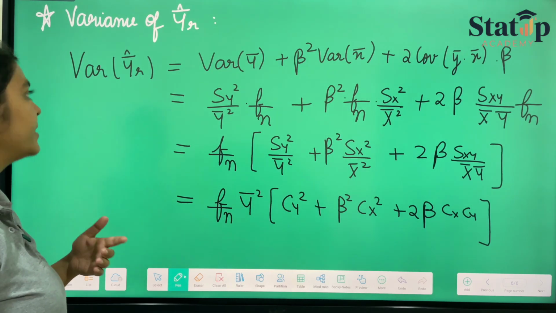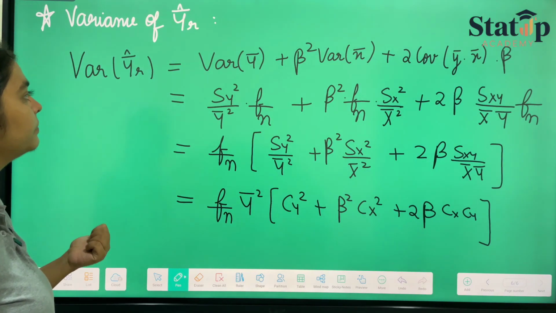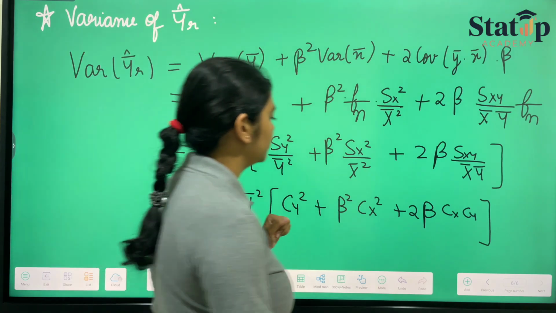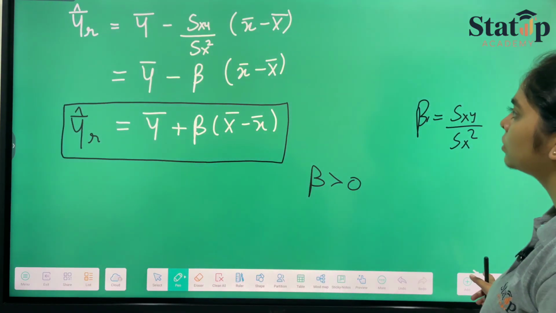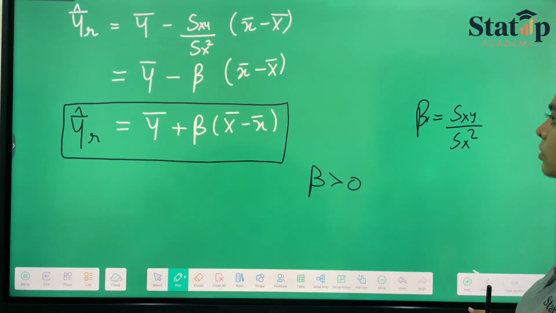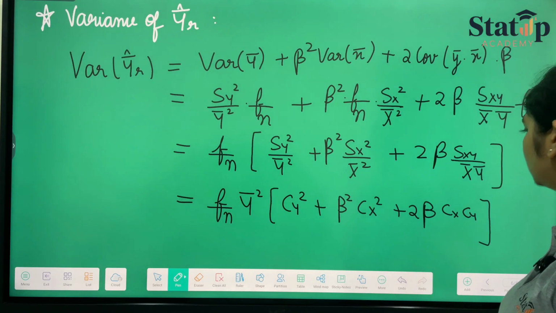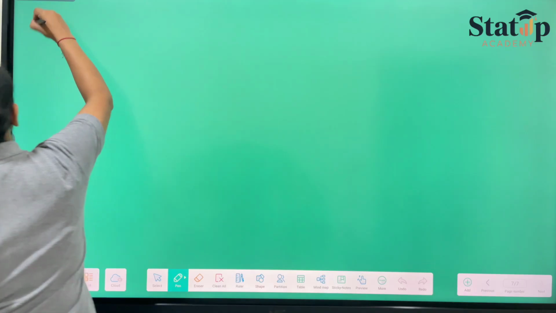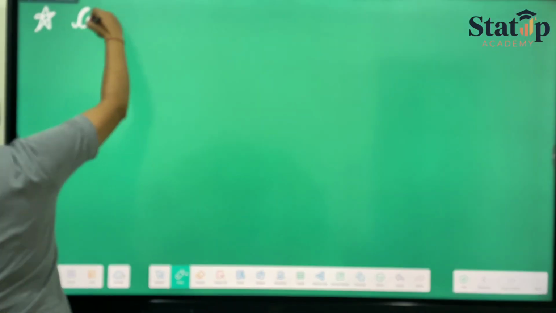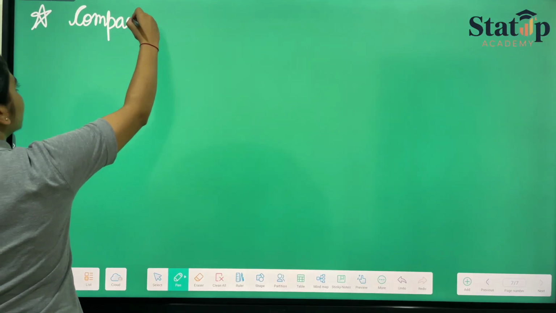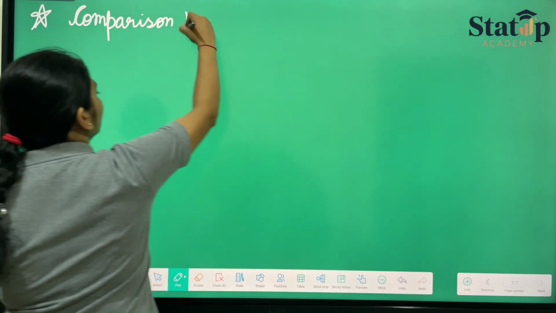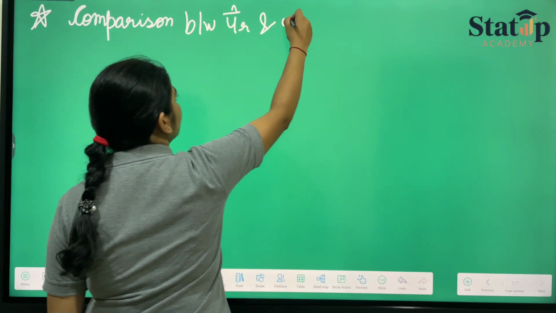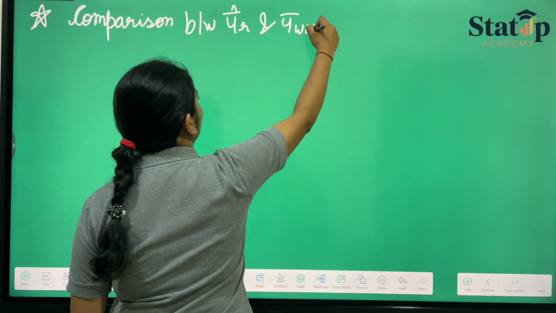Now we will do the comparison between the regression estimator and simple random sampling without replacement.